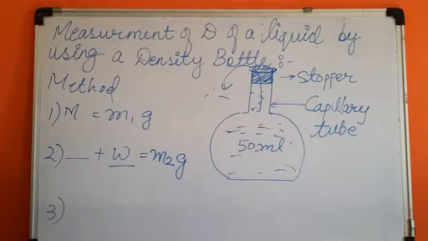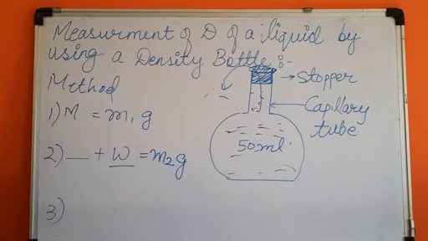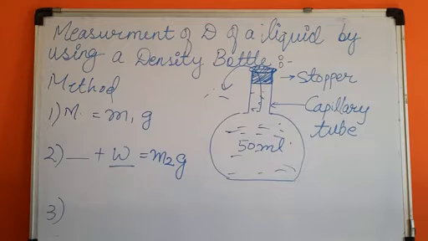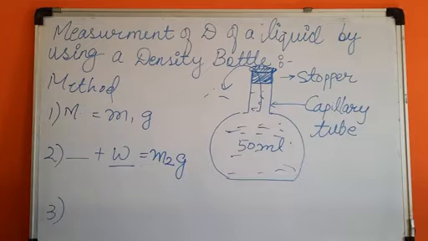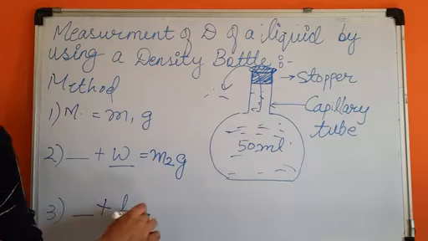Third step, pour off the water from the density bottle and dry it in hot air. Now fill the density bottle with the given liquid. It can be kerosene oil or alcohol, etc. Insert the stopper and wipe the bottle dry from outside. Find the mass of the density bottle and liquid on a physical balance. Now we are measuring the mass of the empty bottle and liquid which is given.